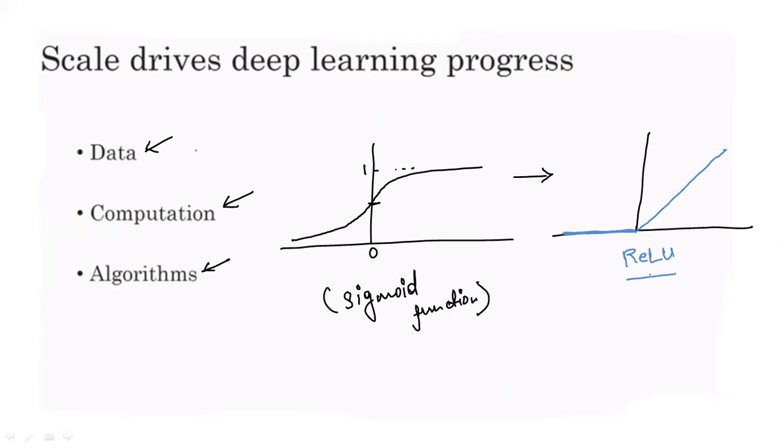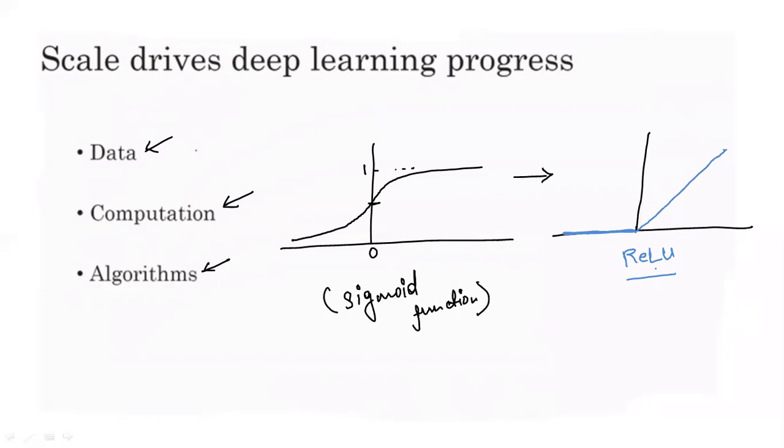The ReLU function is called the rectified linear unit, and this is a more advanced function than what we were previously using, that is the sigmoid function. So data, computation and algorithms combined all play a very important role as to why deep learning is performing much better these days.